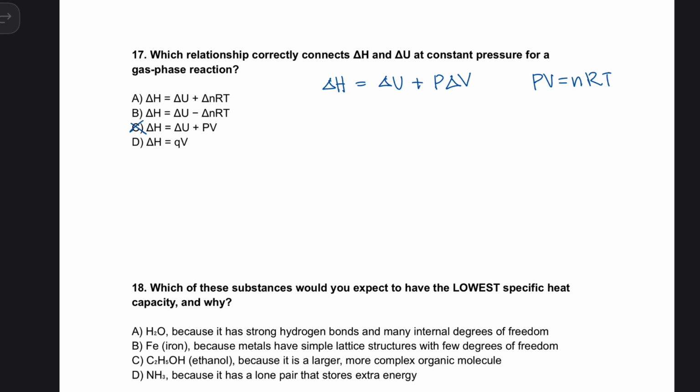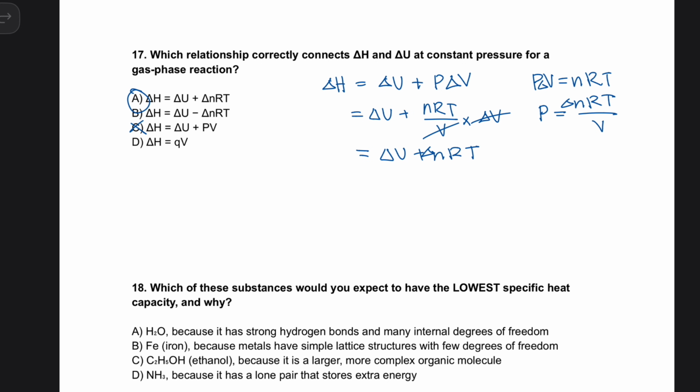Just like we did before, pressure equals nRT over V, or you could also isolate for V. I don't think it really matters. So this is delta U plus, substituting in for P, nRT over V times delta V. These can cancel out, and you're left with delta U plus nRT. Or you can just put the delta in front. So this is option A.